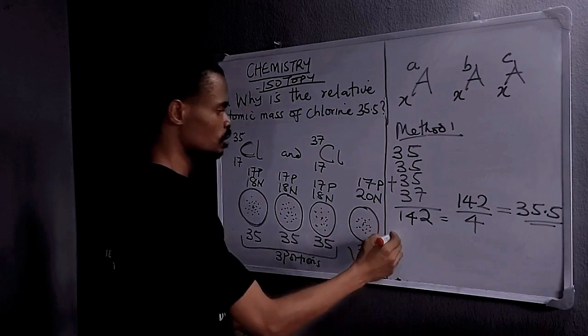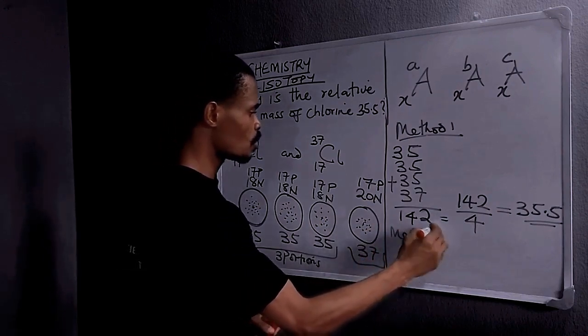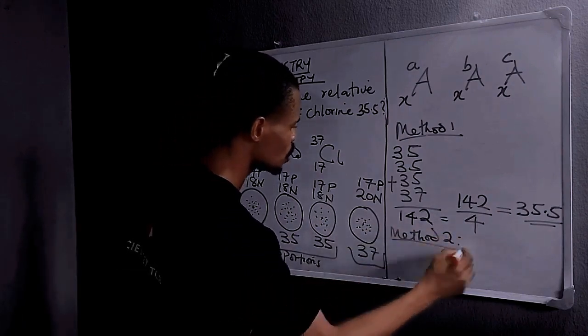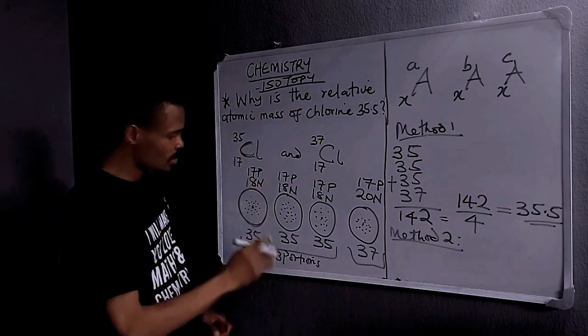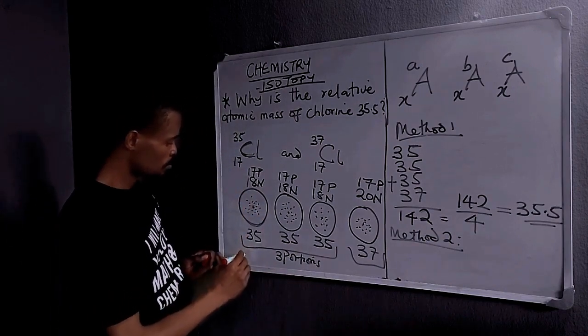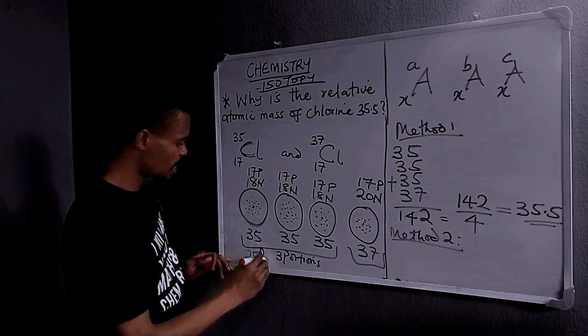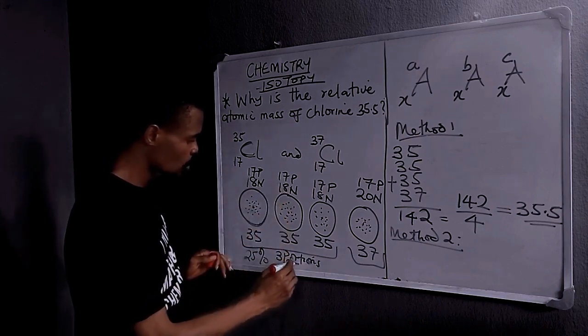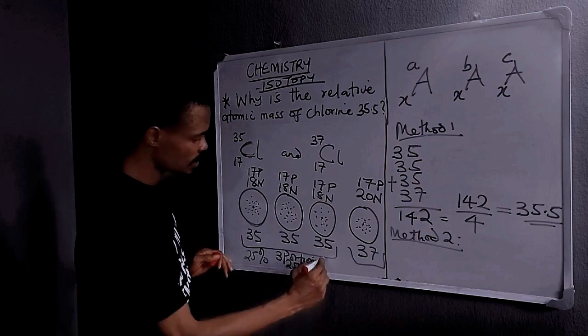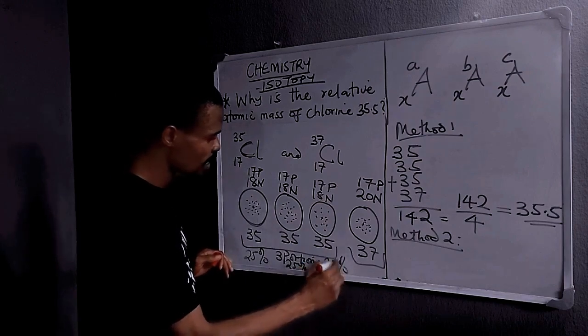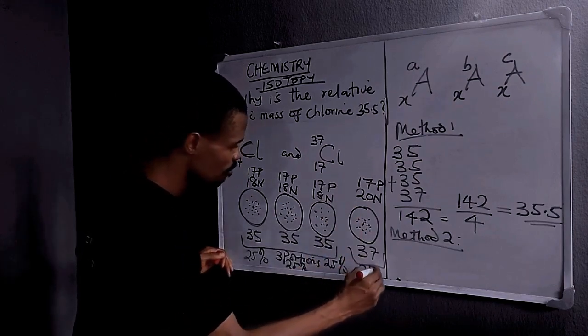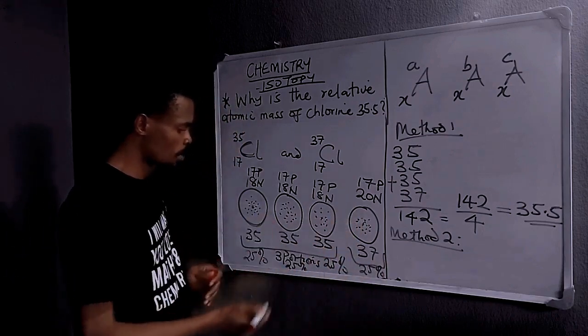On the second note, Method 2, we are going to consider each of these parts to be single, meaning this is 25%, this is also 25%, this also is 25%, and this is 25%, making 100%.